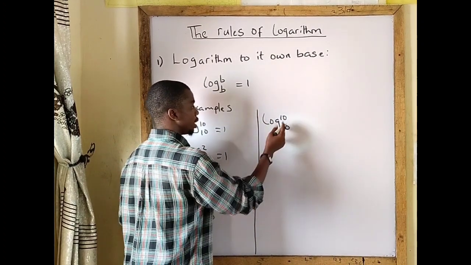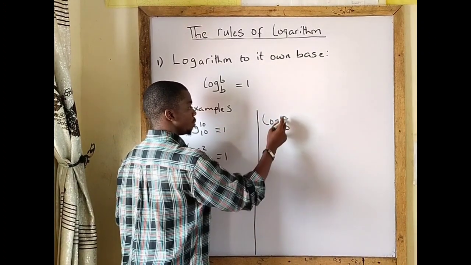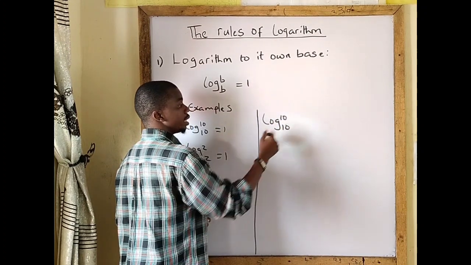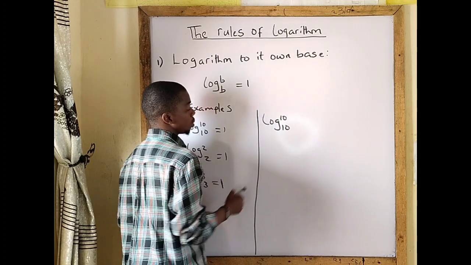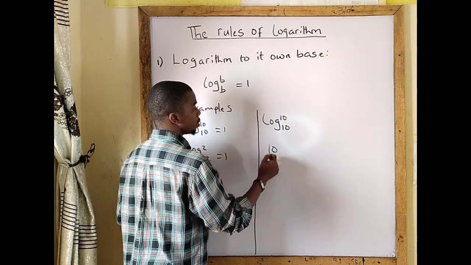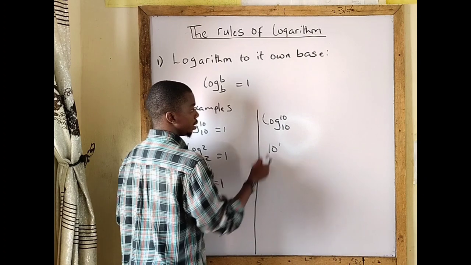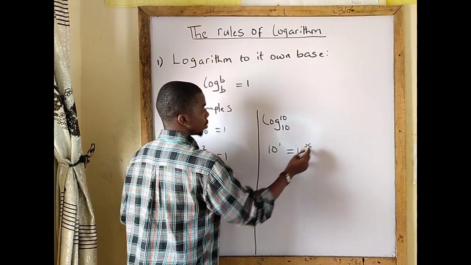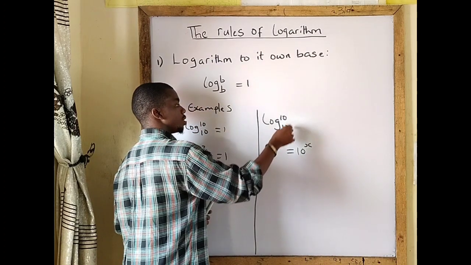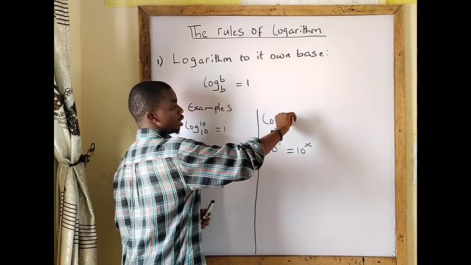Writing this log in index form, this is 10 raised to the power of 1 equal to 10 raised to the power of x. We raise the base to an unknown power.